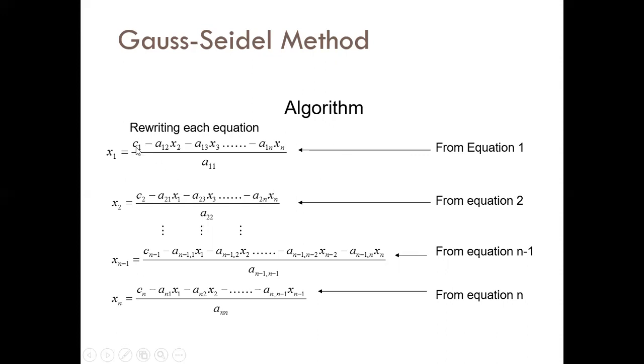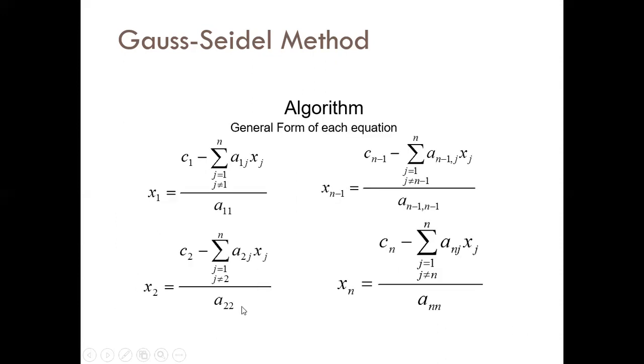Here it is the b value; that was a typing mistake. x2 is equal to b2 minus a21 x1 minus a23 x3 minus up to a2n xn, divided by a22, and so on up to the number of unknown values. In this way we can find the equations.